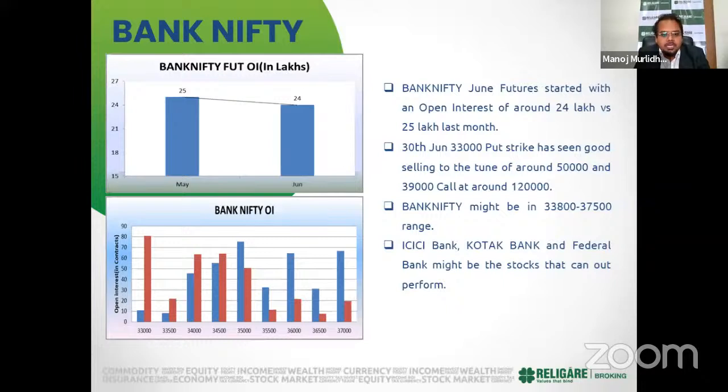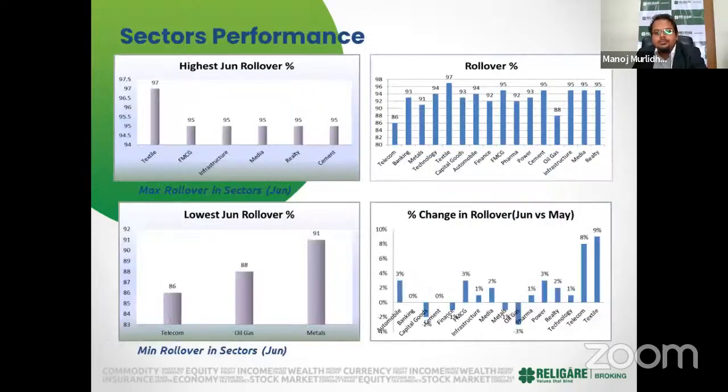The first reason is participation, and we expect long rolls. For the Bank Nifty, I'm sorry, we have seen good short rollovers, and we're expecting stocks like ICICI, Kotak, and Federal Bank to top the list in terms of outperformance that we might see in this series of June.